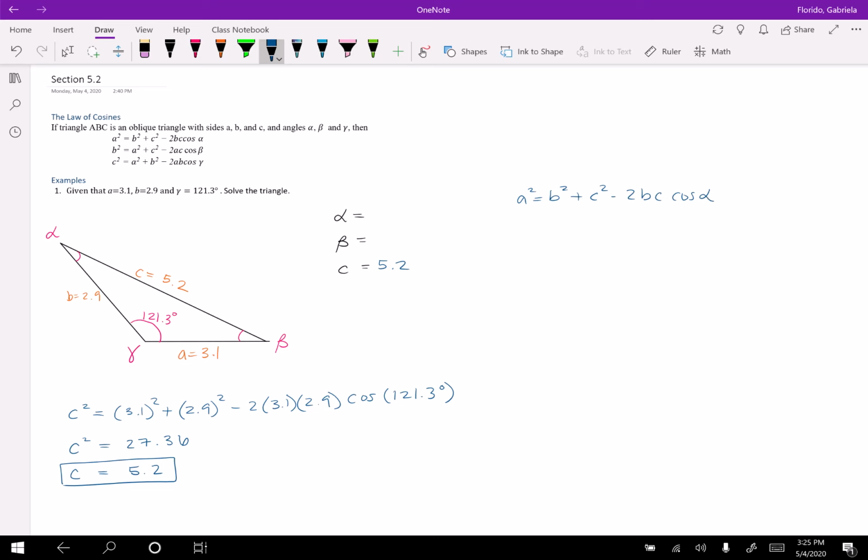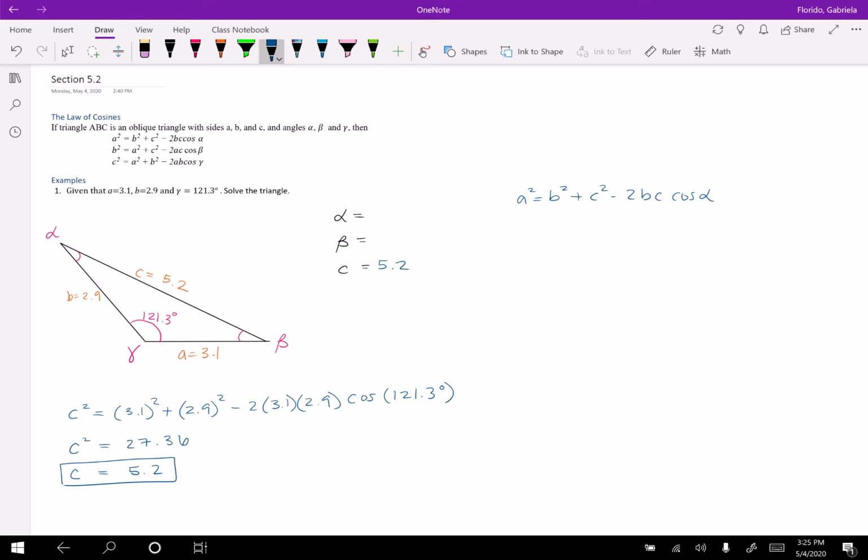We could solve for cosine of alpha right now, or plug in all the values of a, b, and c and then solve for cosine of alpha and find alpha. It just depends on what's more intuitive to you.